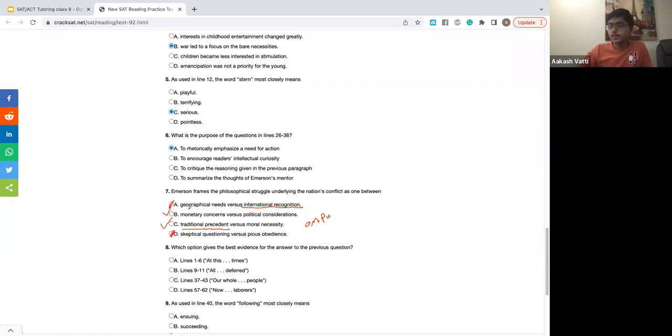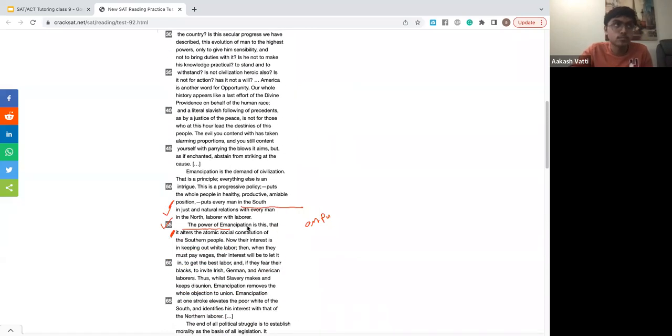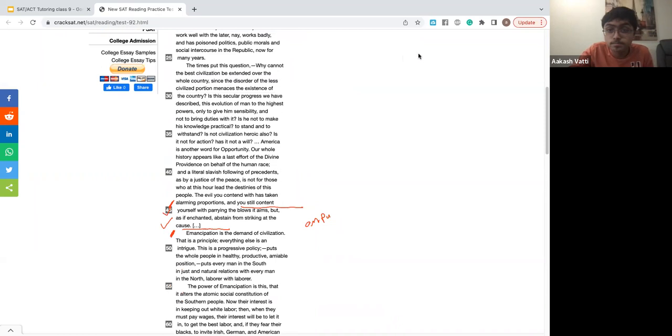Now we just go up, and I'm pretty sure somewhere in the middle of the passage, like 30s to 50s, where it said traditional precedent versus moral necessities. So 30s to 40s. It's like somewhere from here to here. Okay, that isn't it. I'm going to have to go through the entire passage.